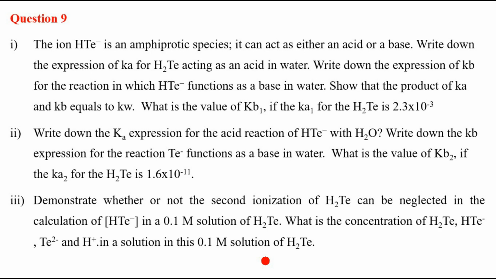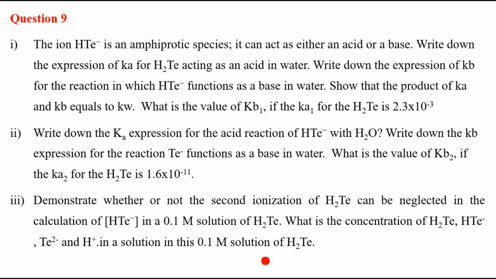It is saying the ion HTe- is an amphiprotic species. They are saying write down the expression of Ka for H2Te acting as an acid in water. That means to act as an acid in water, it will liberate the hydrogen, because the acid liberates the hydrogen in water.